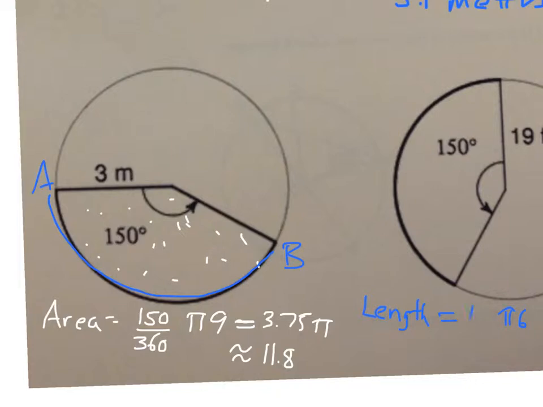This is only going to be part of it, 150 divided by 360. If you dial that up on your calculator, you get exactly 2.5 pi, which you could type into the calculator to get a rounded answer of about 7.9.